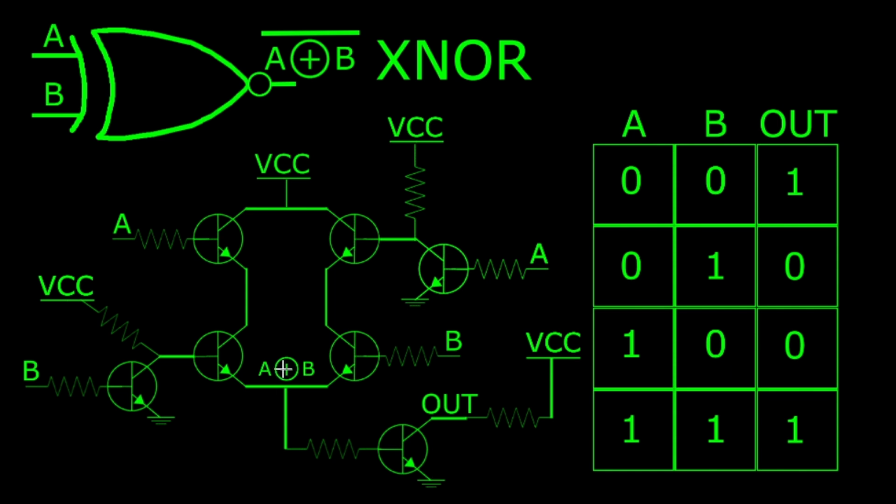So if we perform the exclusive OR operation with A and B and get a 1, this transistor will turn on due to the base current, and our output will be pulled directly to ground and give us a low signal. However, if A exclusive ORed with B gave us a 0, then this transistor would be off, and because there's no current flowing through this resistor, there is no voltage across it, so our output is equal to VCC, and we get a high signal.